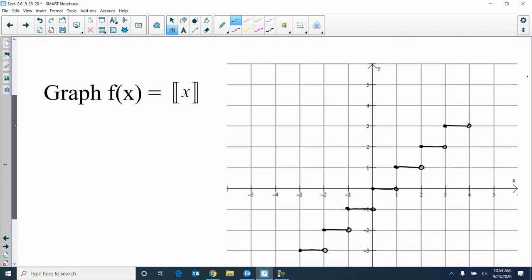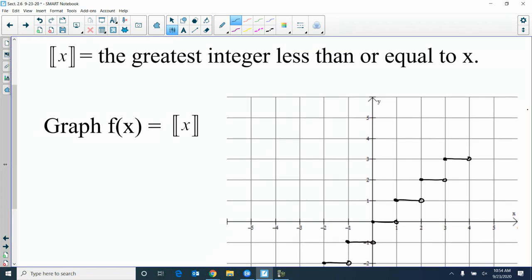Now, for this function, what is f of 3.2? Let me see if I can explain this. We want the greatest integer less than or equal to the number we plug in. Well, what integer is less than 3.2?